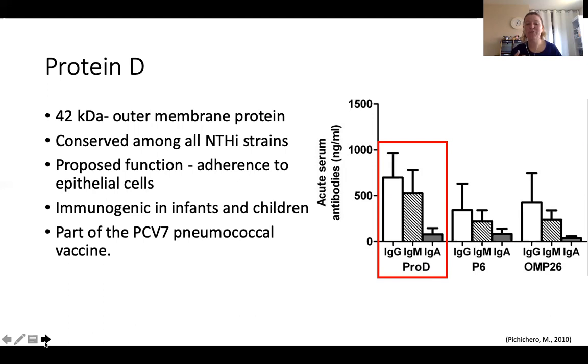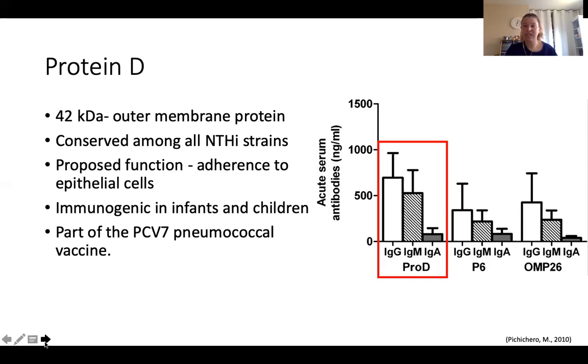It has a proposed function of adhering to epithelial cells. Epithelial cells line your skin and your muscle. So therefore it has to be on the surface. It has to stick to something. In the same study as the OMP26 protein, they also looked at antibodies generated against Protein D. And this generated a really high number of antibodies against it, higher than OMP26.